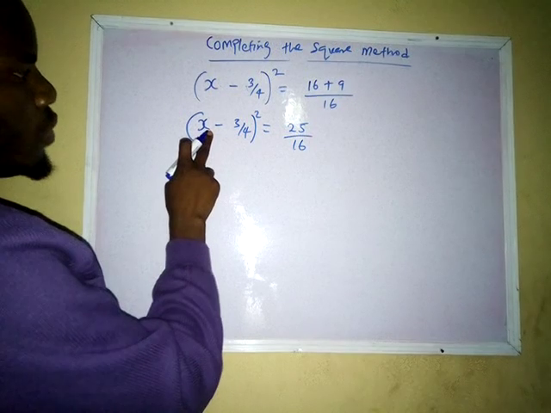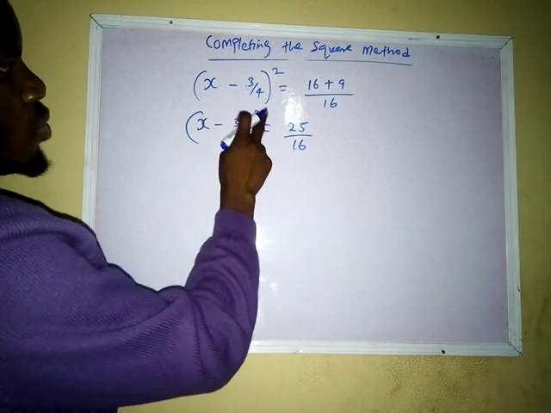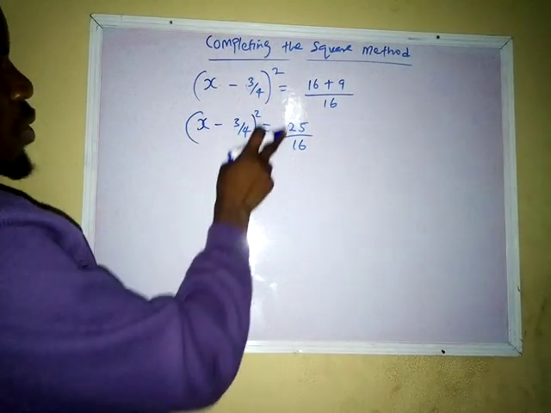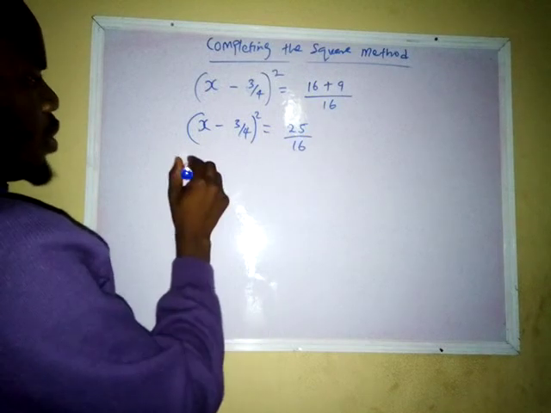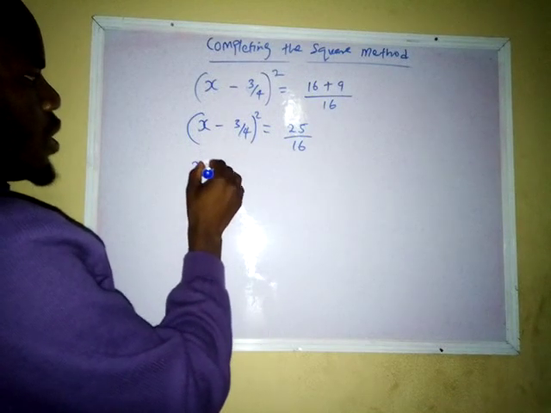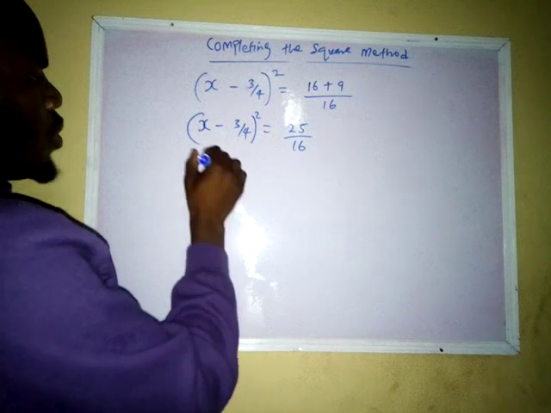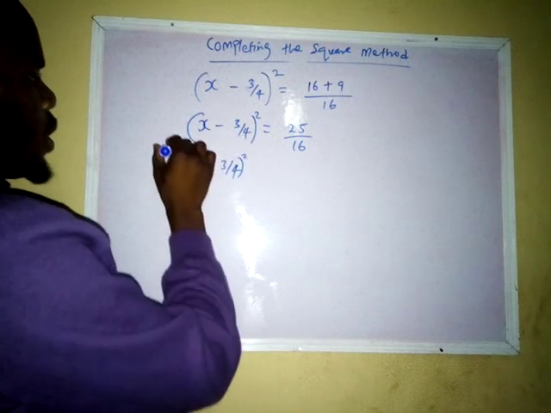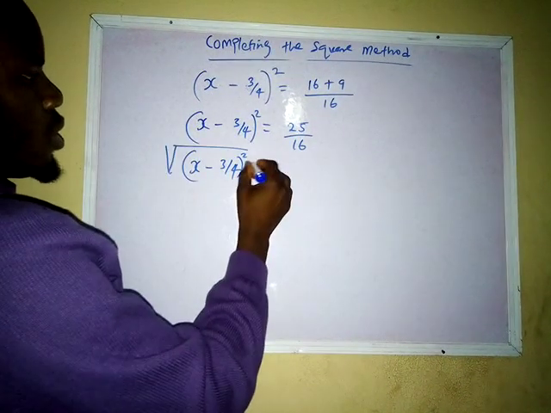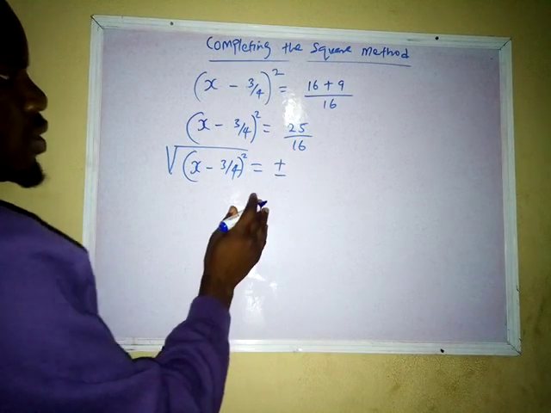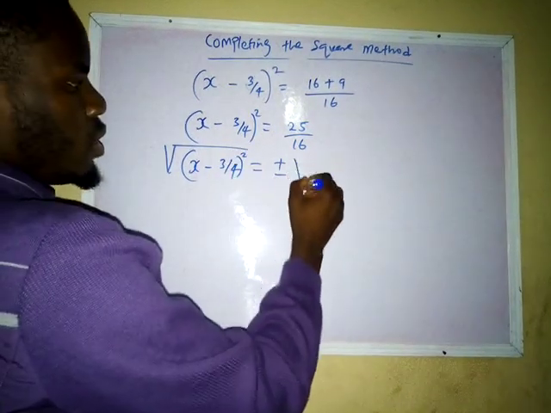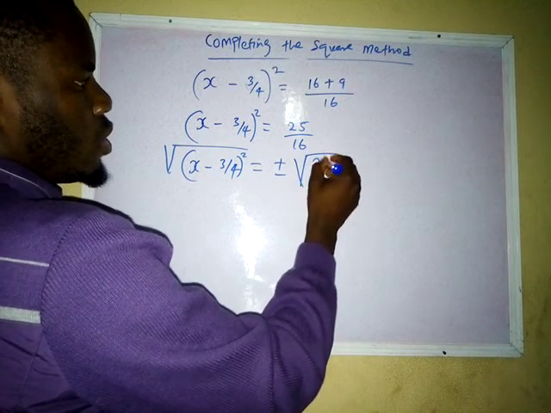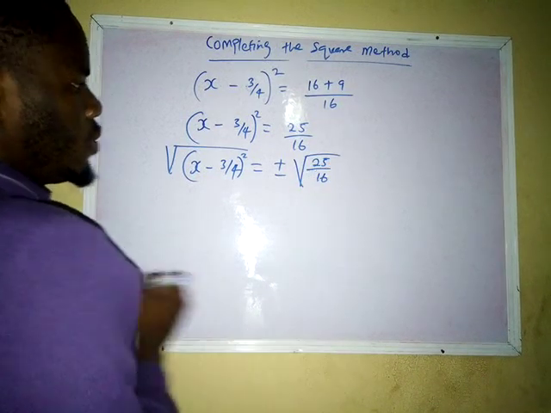Next, because we are looking for the value of x, we need to do away with this square. So we'll have to take the square root of both sides of the equation, so that we have x minus 3 all over 4, the square root of the square, is equal to plus or minus, because we are taking the square root of an even power, plus or minus the square root of 25 all over 16.